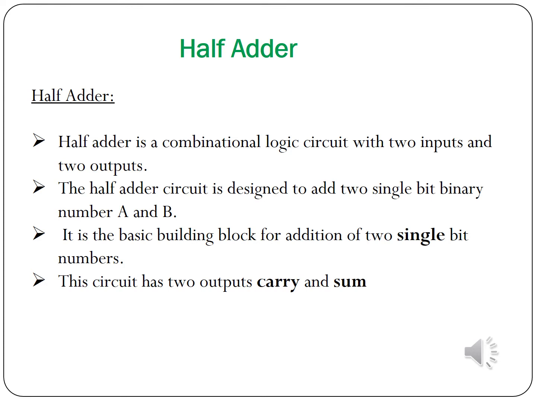The outputs, carry and sum, may be 0 or 1 depending on the logic combination, and two half adders can be combined to make one full adder circuit. The half adder circuit is designed to add two single-bit binary digits A and B, which may be 0 or 1 combinations only.